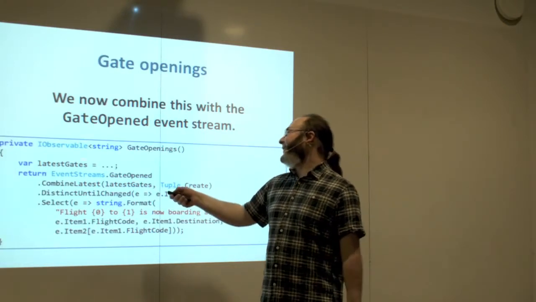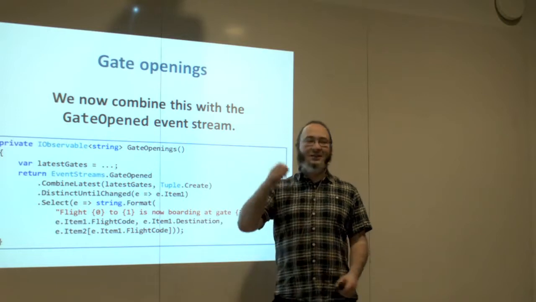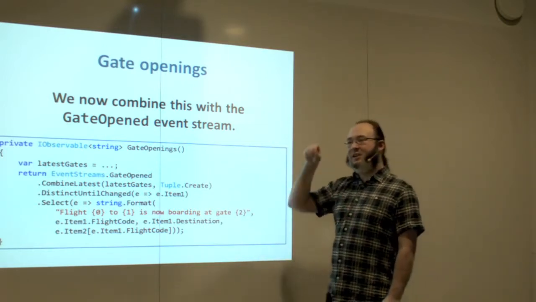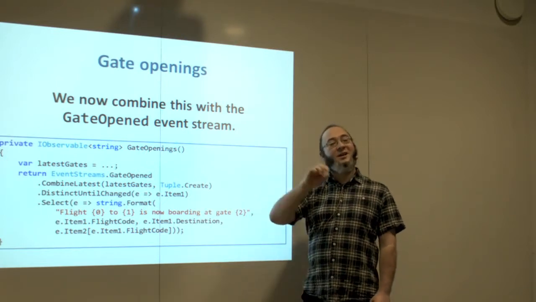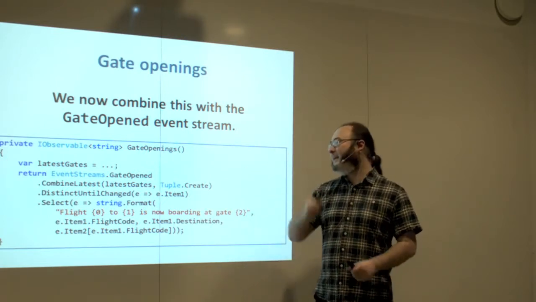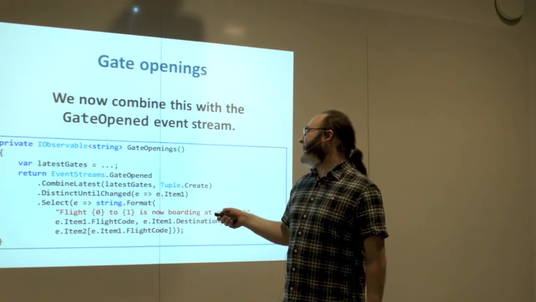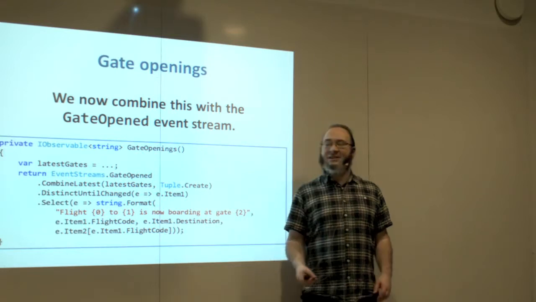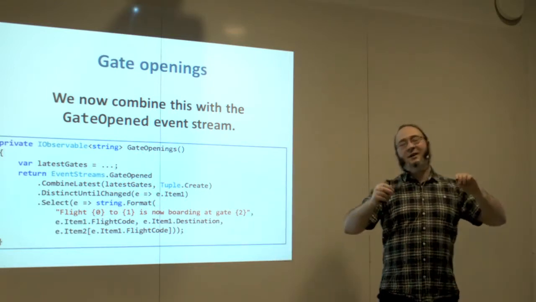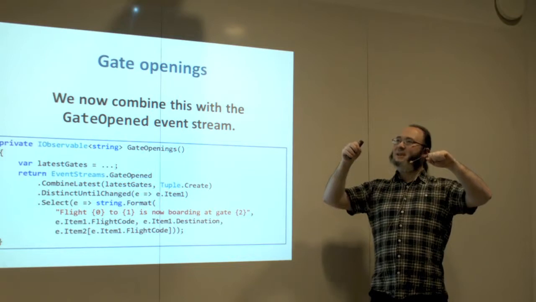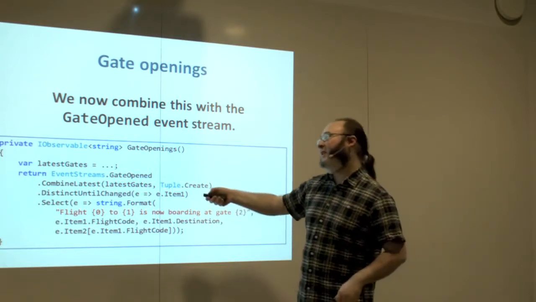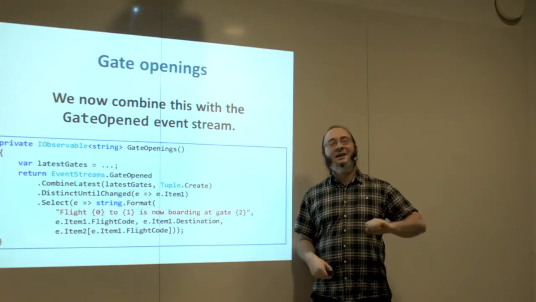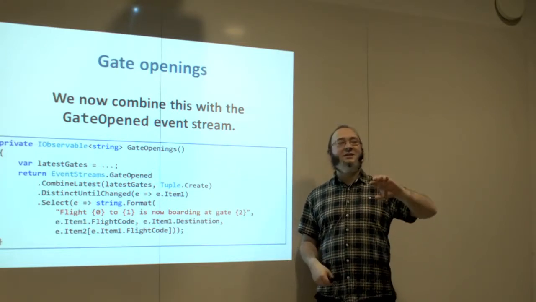So that's latest gates. That is an observable that sends a new dictionary of gate information every time a gate is assigned or changed. So what I can do with it is use a combinator called combine latest, and what that does is it gets the latest values of two things. So what's happening is I've got this stream of events coming in, which is the latest gate information, which changes every time I get a new gate assignment or a gate change.